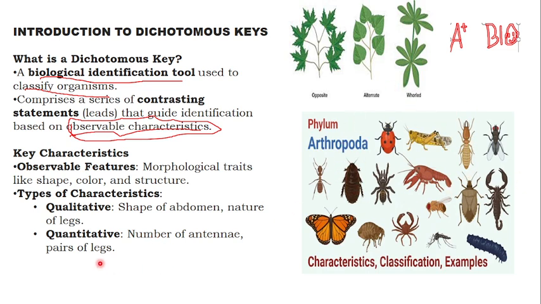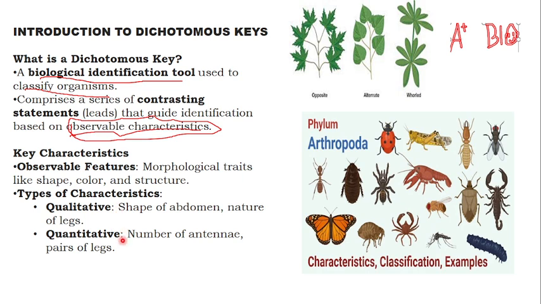Then there are the qualitative characteristics, meaning how they are appearing, like a color. When you say qualitative, it cannot be put in a number.